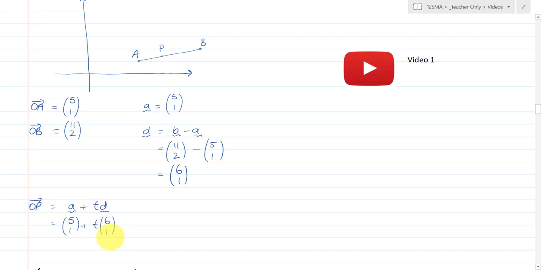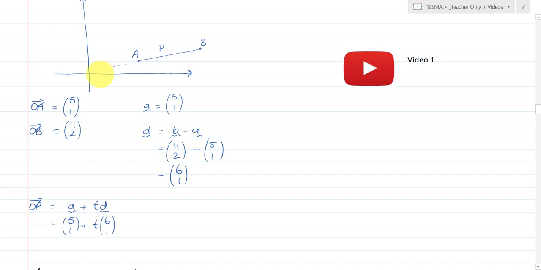Now, you don't always have to go this way, but if T is 0, I'm at A, and if T is 1, I'm at B. And if T is between 0 and 1, I'm somewhere between A and B. But if T is negative, I'm on the line that connects A and B, but I'm before point A, so I'm somewhere here.